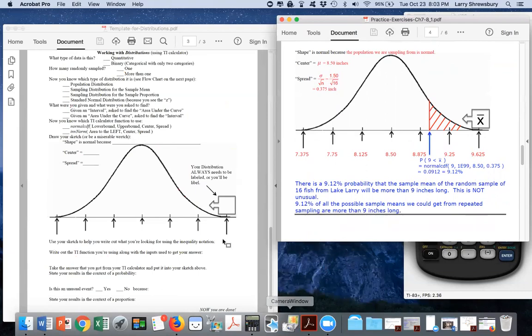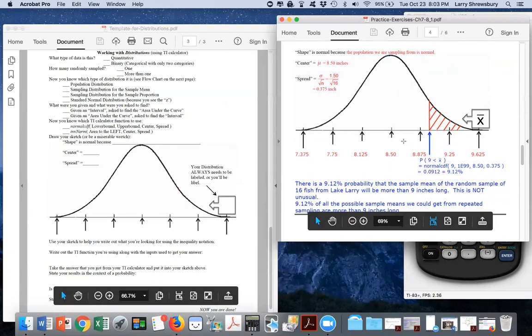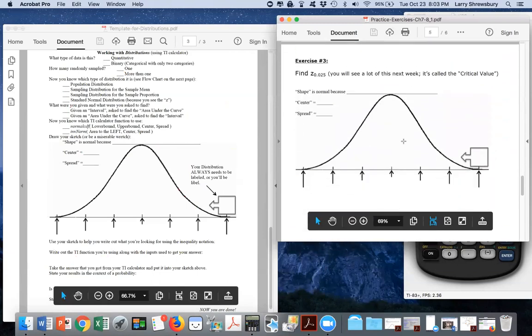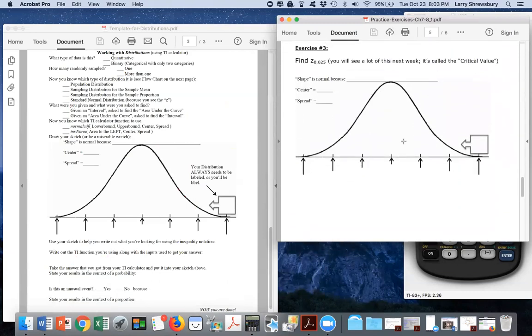All right, now let's go try this. Okay, this is working with the standard normal distribution, and this is a notation that you're going to see coming up when you start working with confidence intervals. It's critical you know this, because what that z-score is called is the critical value.